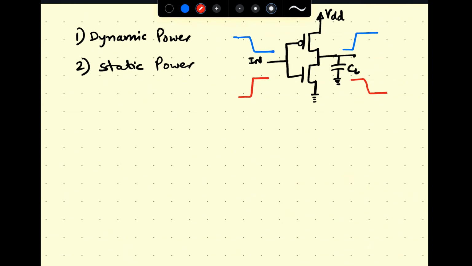So let us consider the first case, where the input goes from 1 to 0 and the output as a result goes from 0 to 1. In this case, the voltage supply leads to charging of the capacitor. Let us derive how much energy is delivered from the power supply to charge this capacitor.